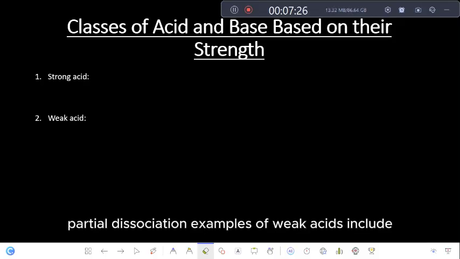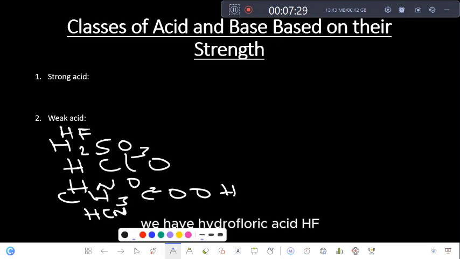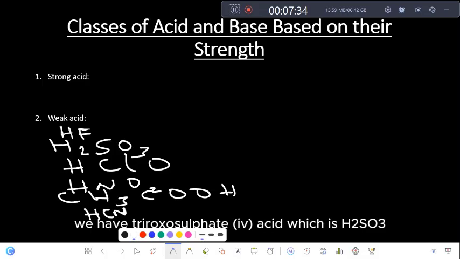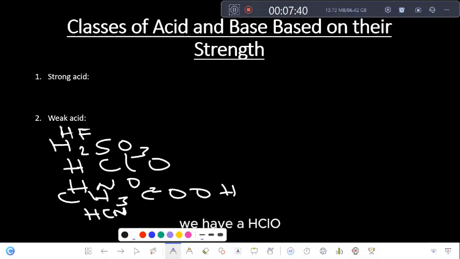Examples of weak acids include hydrofluoric acid, HF, trioxosulfate(IV) acid, HClO, HNO2, that's nitrous acid, acetic acid, CH3COOH, then hydrocyanic acid.